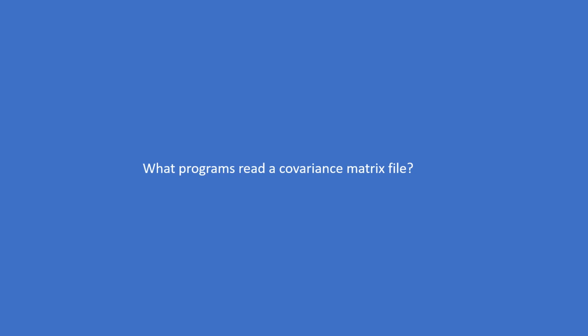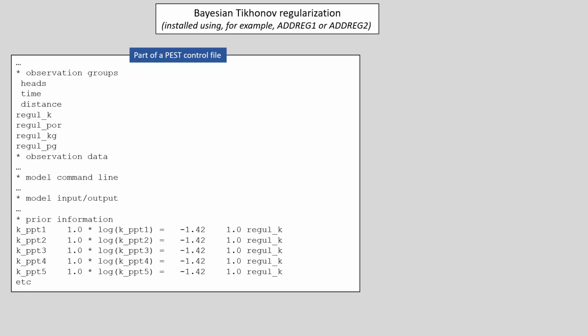So what programs read a covariance matrix file? Well, PEST reads a covariance matrix file if asked to do so. Suppose we've just added regularisation to a PEST control file, using, for example, the addreg1 or addreg2 utilities.